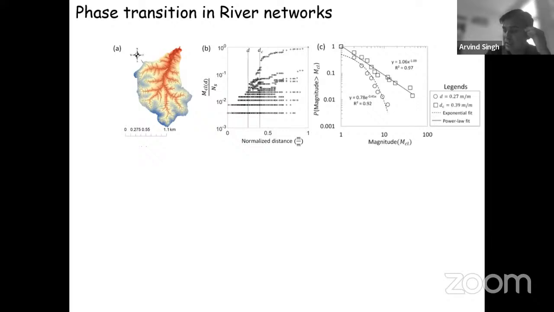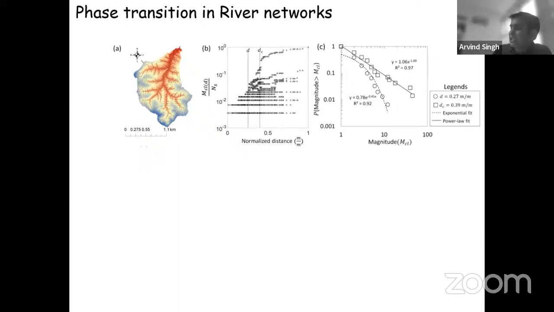of clusters. So here, if we look at a given network, instead of looking at the number of clusters, we look at the magnitude of each cluster, and see how the magnitude of clusters changes as a function of distance.